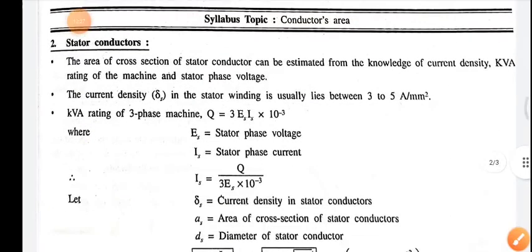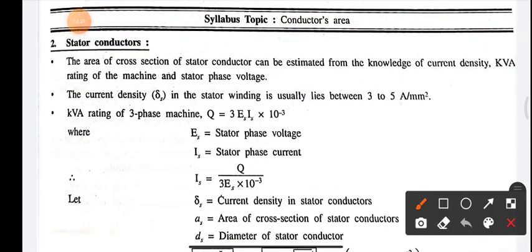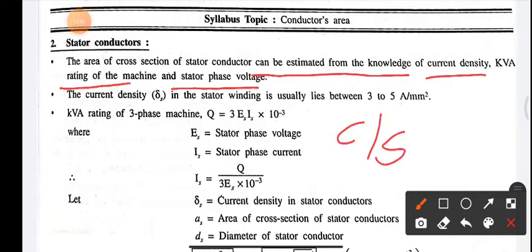Stator conductors. Now, the area of the cross section of the stator conductors can be estimated from this. Also we have seen current density, kVA rating of the machine, and stator voltage per phase. These three are the parameters based on which the cross sectional area of our stator conductor is decided.